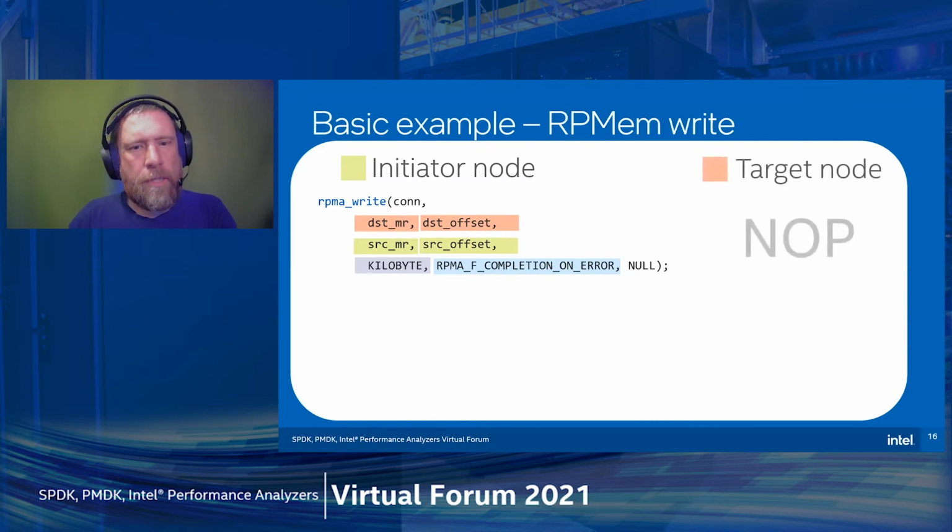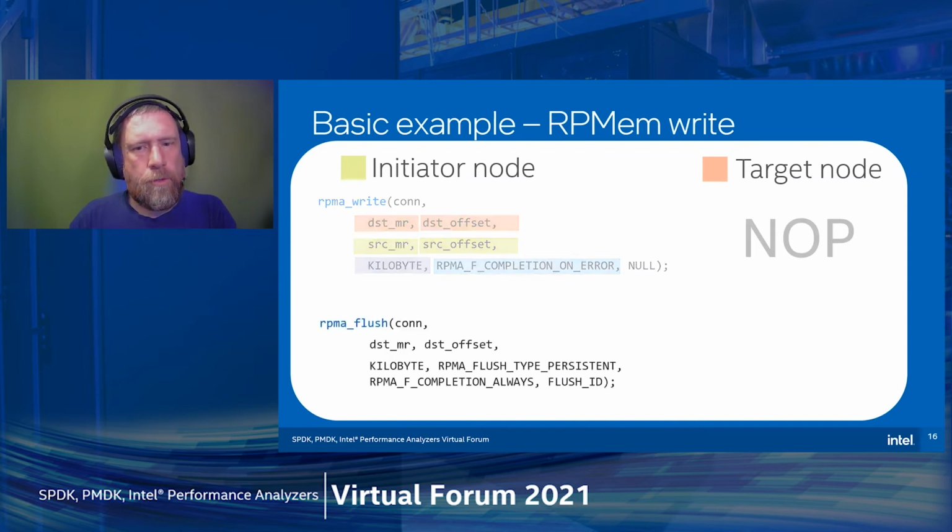There is no visible action so far on the target node, at least from the software point of view. So, secondly, you must perform a flush operation to guarantee the data persistency on the target node. So you want to flush the memory registration you have just written, starting from the offset provided for the previous operation. And you want to flush the whole region being written.